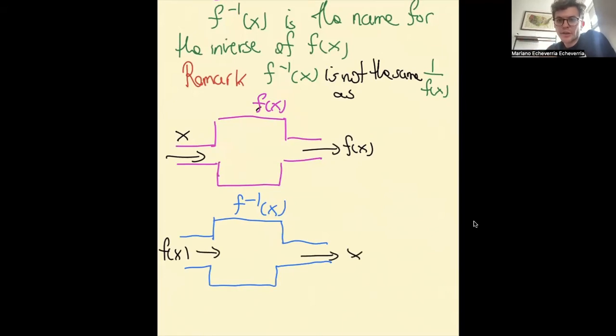So it's undoing the effect of the function. It's really like the machine run backwards, which is not necessarily the same as 1 over f of x. Is that making sense?